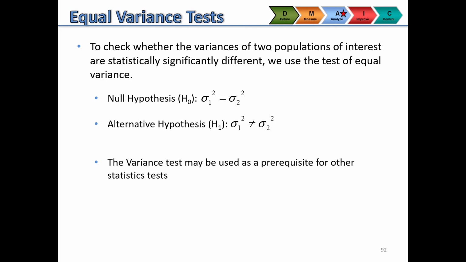And then the alternative hypothesis is always going to be, yeah, there is a difference. No difference, there is a difference. And we could use it as a prerequisite for other tests, because some of the criteria might be, all right, this test is for populations with unequal variances. Well, I have to do ANOVA to figure that out, like I just did with the stress test.